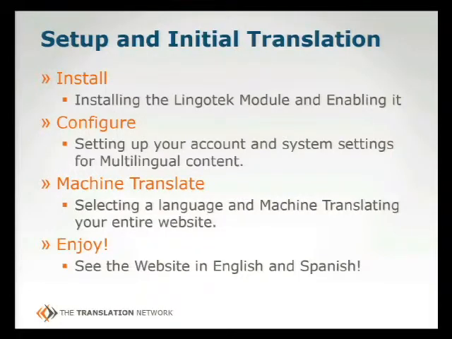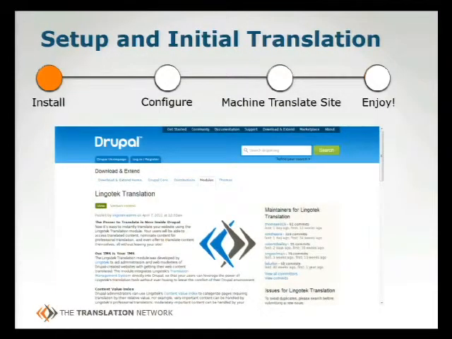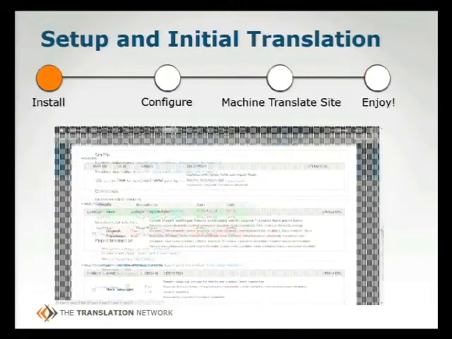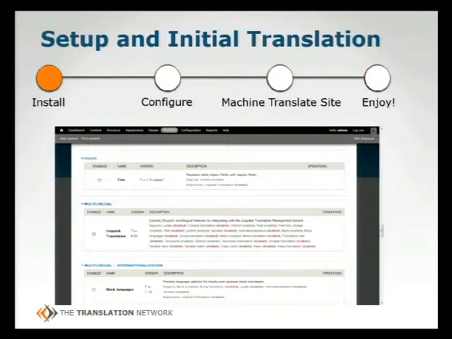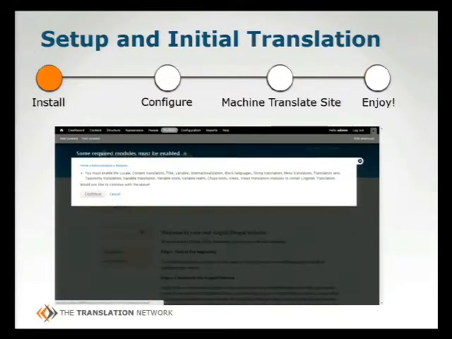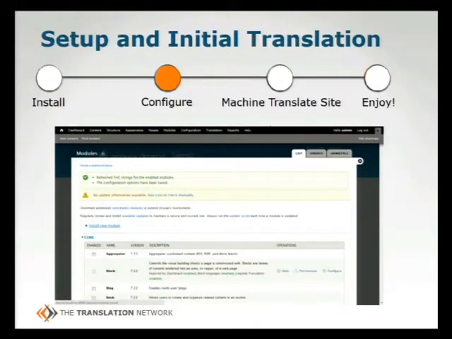So obviously, go to Drupal.org, go to our website, whatever, download the latest version. When you've done that, obviously you need to enable it. There are some dependencies. It's designed to sit on top, for example, of the i18n internationalization suite and some other, I think there are 9 or 10 other modules, but it'll tell you the ones that it needs to function properly, so you'll want to add those as well.